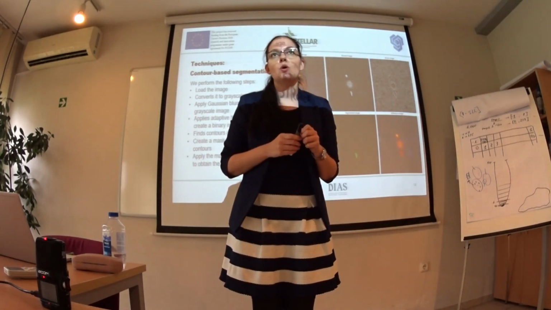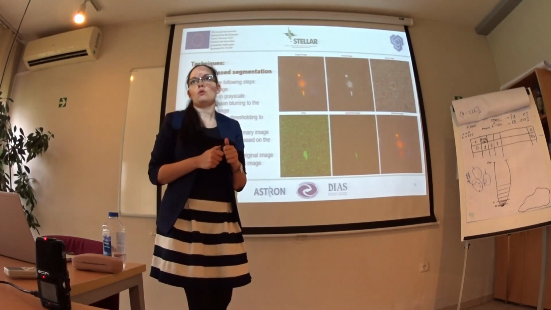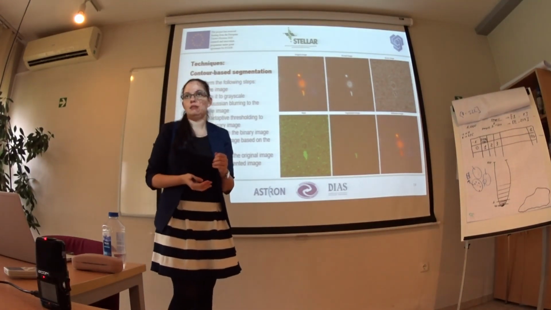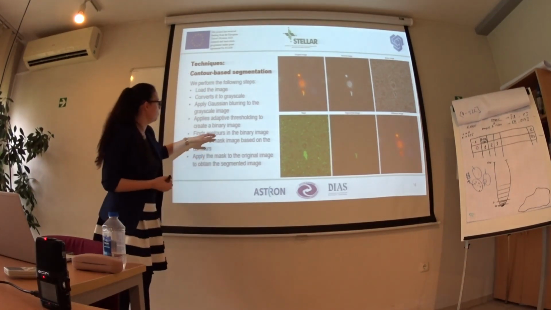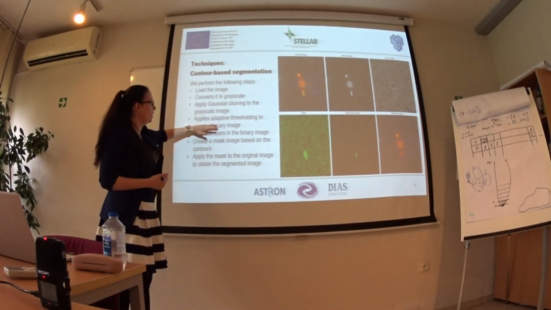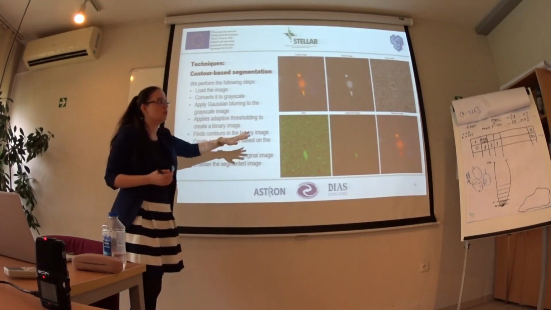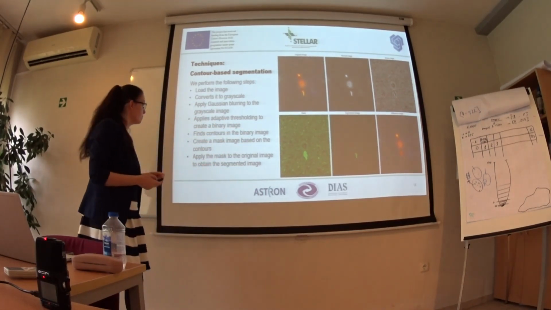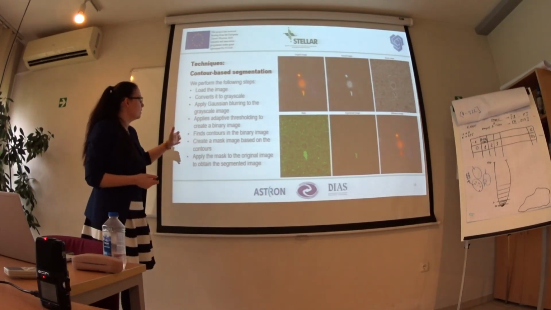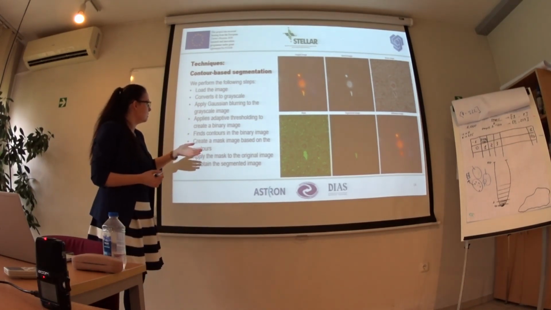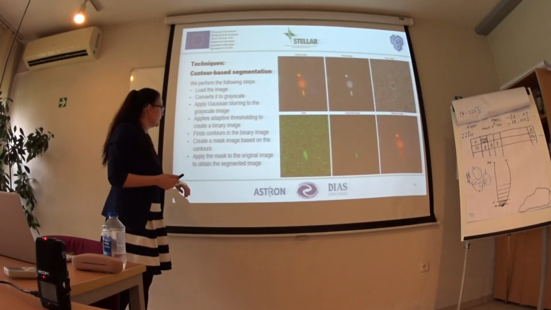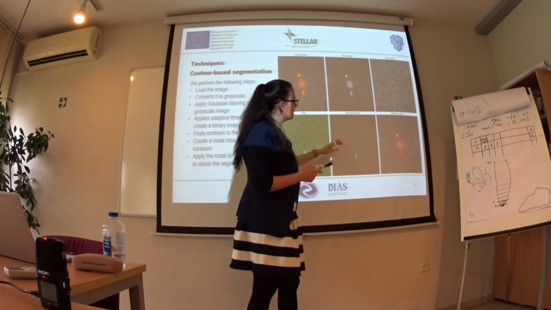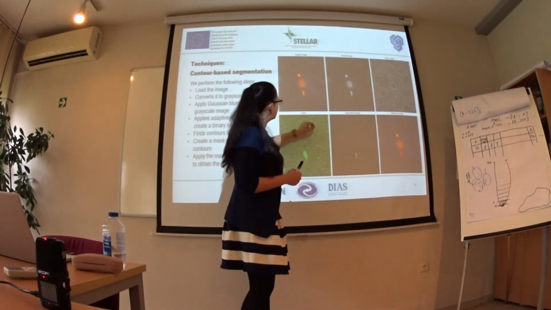Then the threshold needs to change also. It needs to be adapted to your data. That's why I propose here to apply adaptive thresholding, which will help the tracking process. Then you can find some contours, create a mask, and based on that you can segment and display your result.